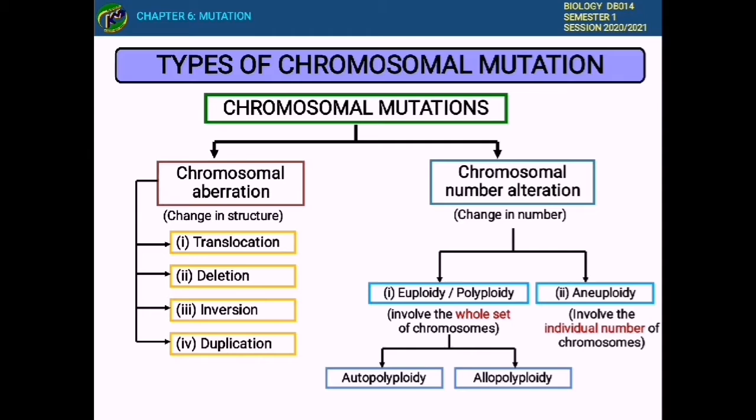For chromosomal aberration, we have translocation, deletion, inversion and also duplication. While for alteration of chromosome number, there is change in number.